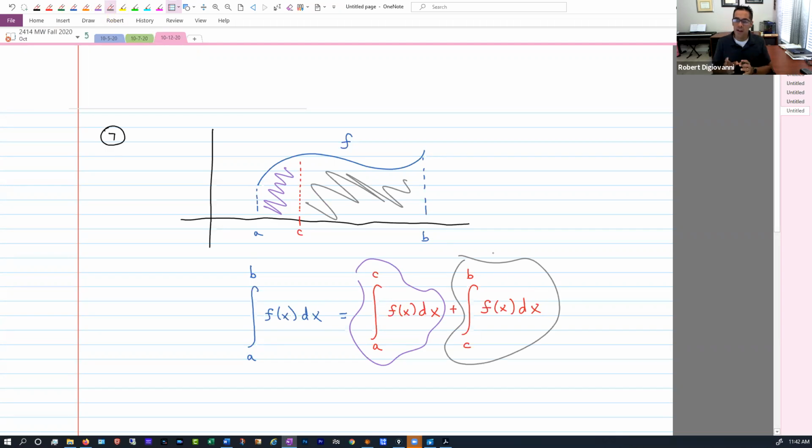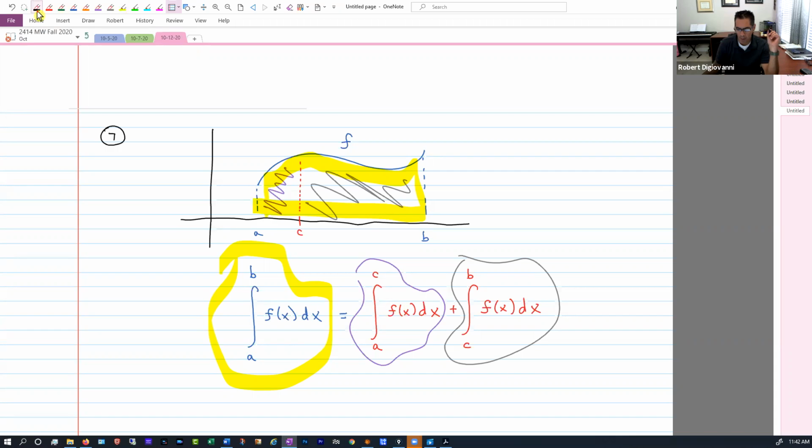If you add those two together, that should give you the area of the whole thing, which is what maybe you were interested in the beginning. So it just allows you to split up an integral into pieces. You can split it into 2 pieces, 3 pieces, 4 pieces, doesn't matter, but you're allowed to do that. Does that seem reasonable to everyone, that property?